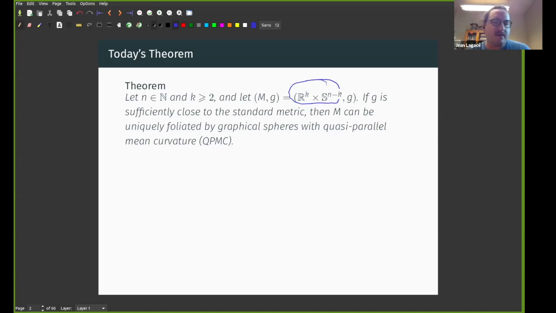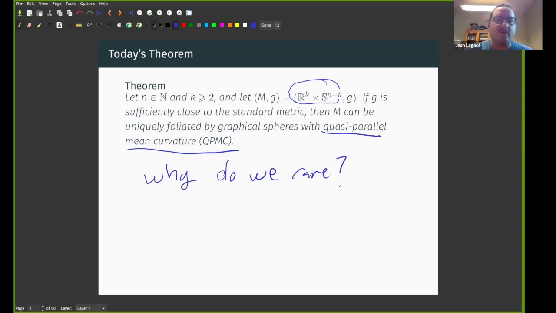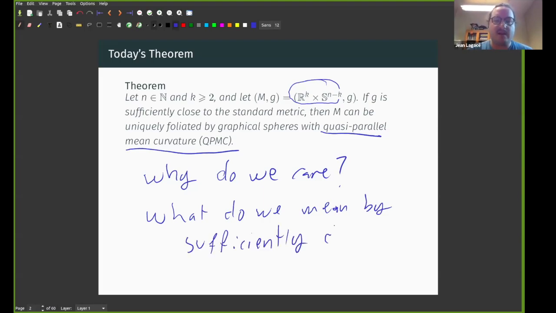Now, this is quite a mouthful as a theorem, and I will have to explain to you today what it means to have quasi-parallel mean curvature, and also, of course, why we care about this, and what we mean by sufficiently close.